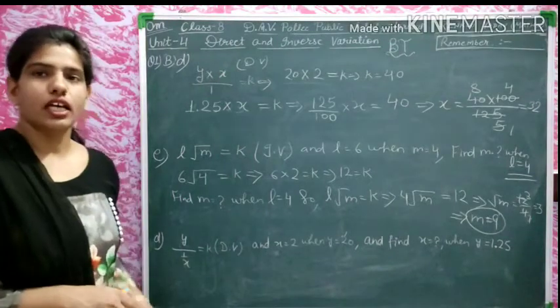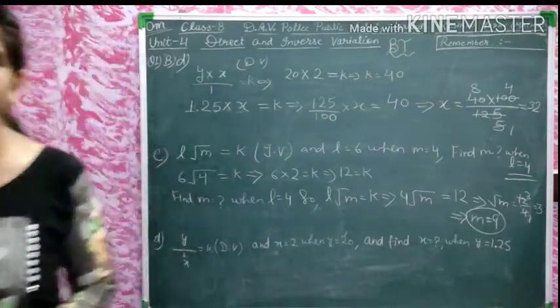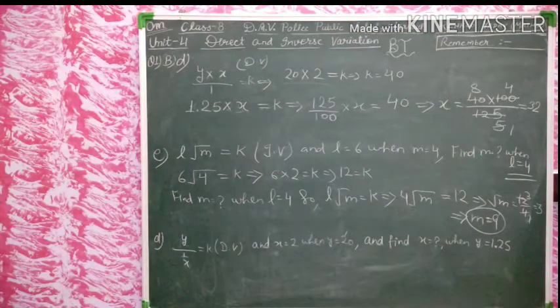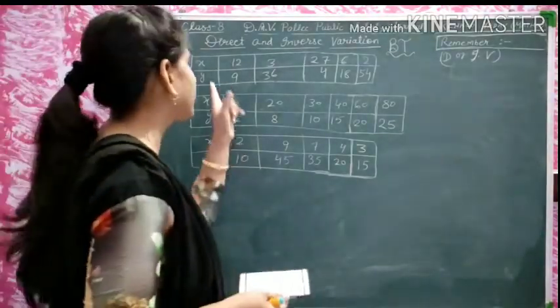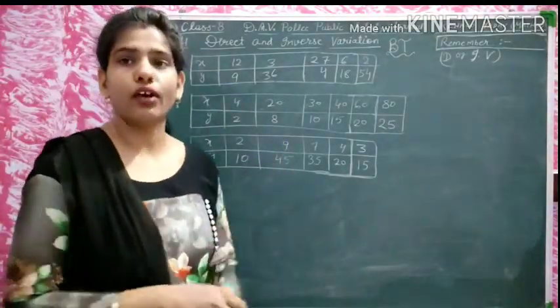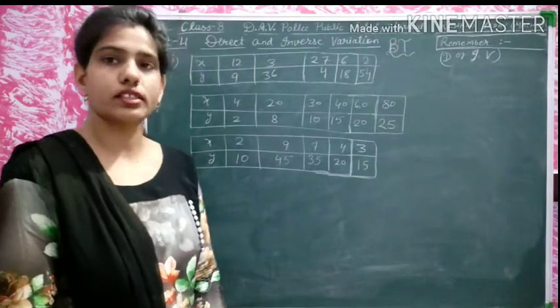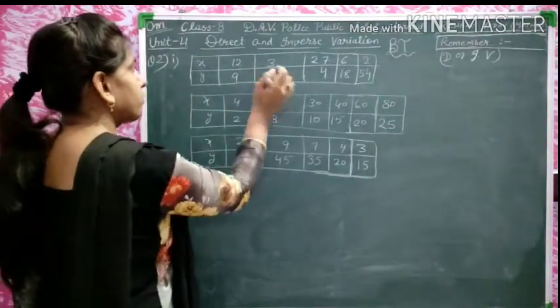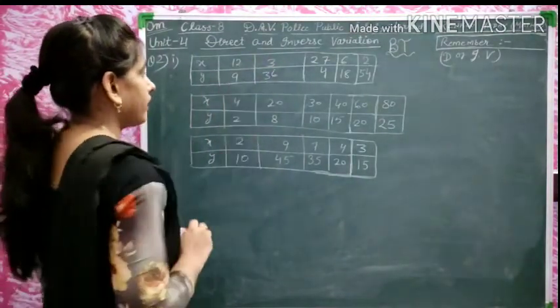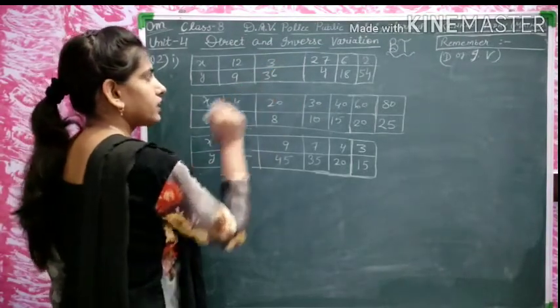Clear, students? Now we will go to question number 2 here. Let's see. Write down this question. In question number 2, we have to verify whether it is direct variation or inverse variation. So students, you are seeing this will decrease here, and this will increase here.